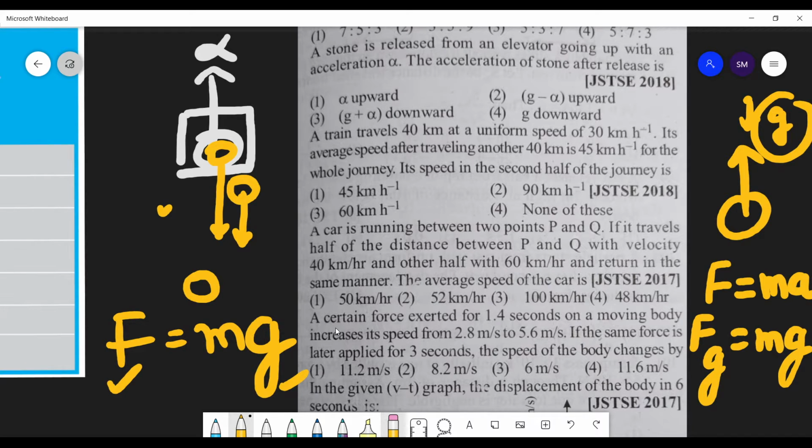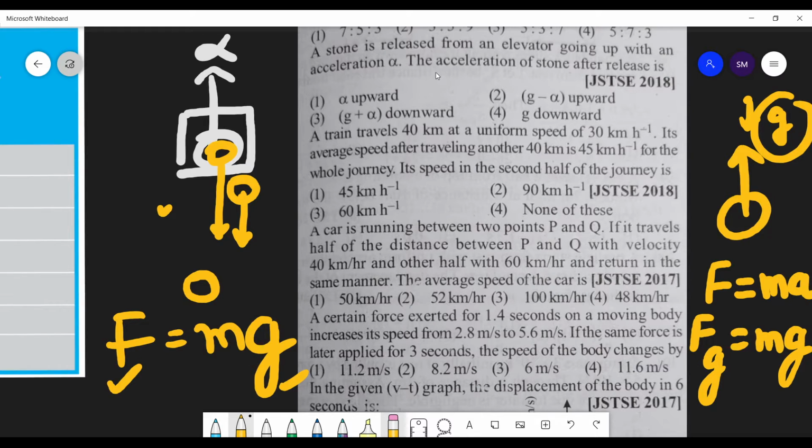Whenever the object is in air, going up or going down, there is only one force acting on it, assuming there is no air friction, and that is gravitational force. The acceleration due to gravitational force is g.